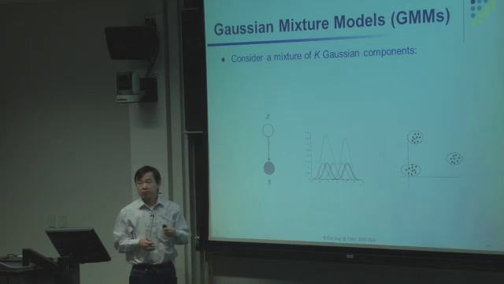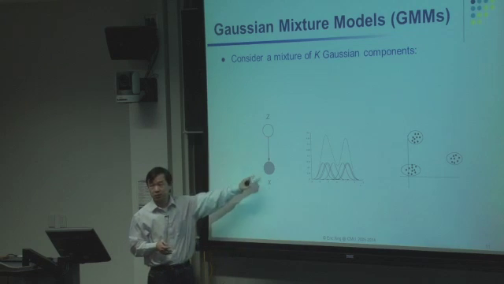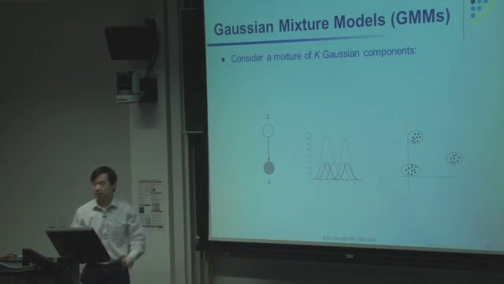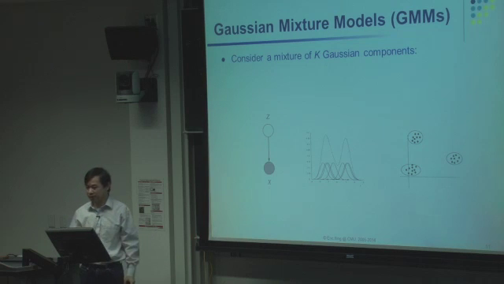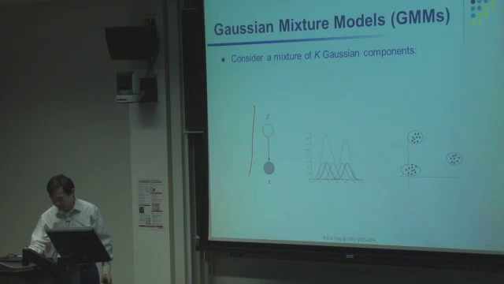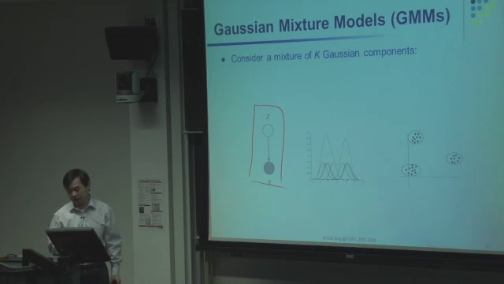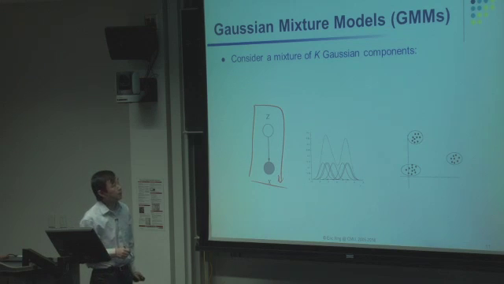And in the graphical model sense, we use this graph to represent both a generative process and the dependencies between random variables. Very often we put a plate on top of it to indicate that you have n copies of such data.